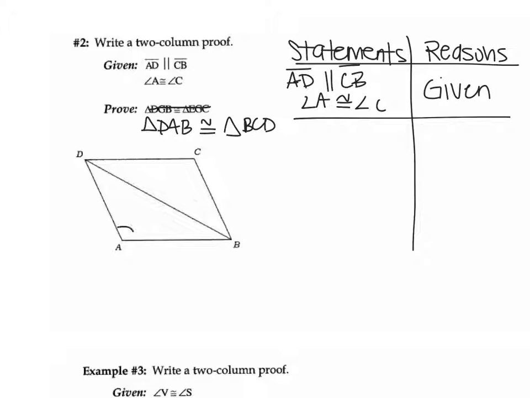I'm going to go ahead and label angle A and angle C being congruent. If I also look, both triangles have side BD in common. So like in our previous proof, I can say that BD is congruent to BD by the reflexive property.